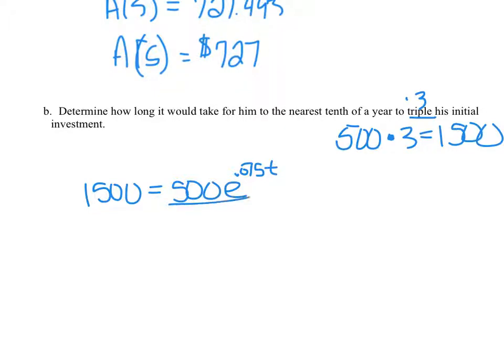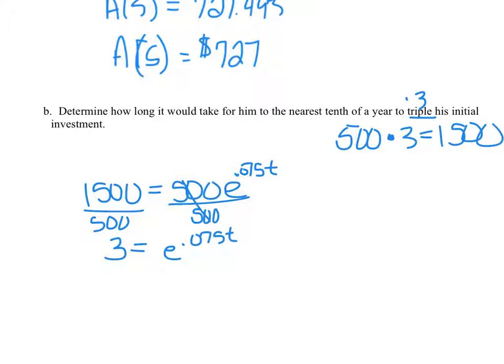Remember, you've got to divide by that 500, and this is a 3. This will always turn out this way. If I want to double it or triple it, that's the number it'll be. Since I'm tripling it, that's going to be a 3. If I was doubling it, it would have been a 2. It's an interesting thing that, if you know it, makes life a little easier for you.